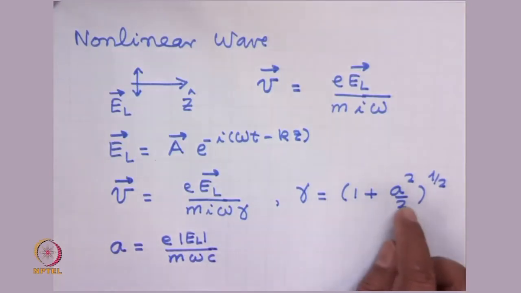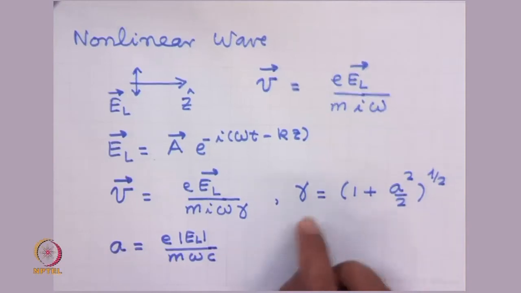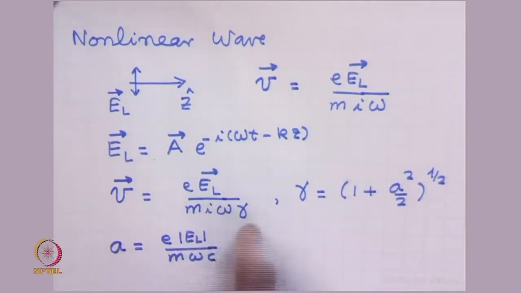This quantity could be bigger than 1 or comparable to 1, and hence the effective mass of the electron is modified from m by a factor gamma. If gamma is larger, then the refractive index of the plasma will be modified, because that depends on the mass of the free electrons.